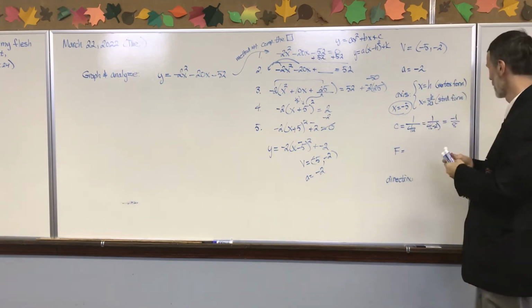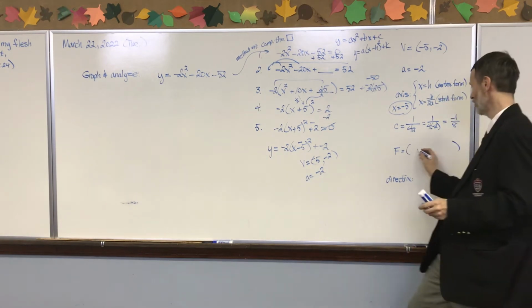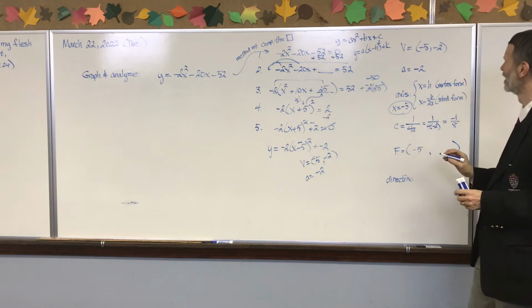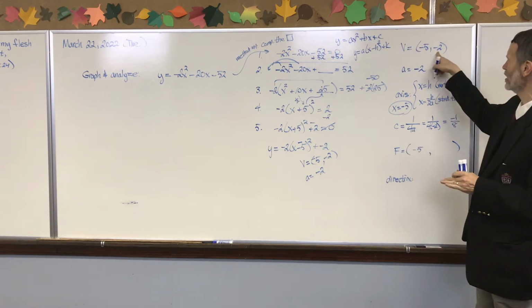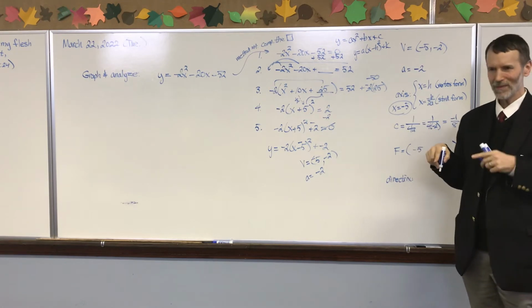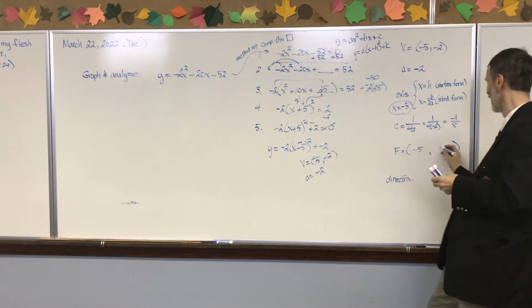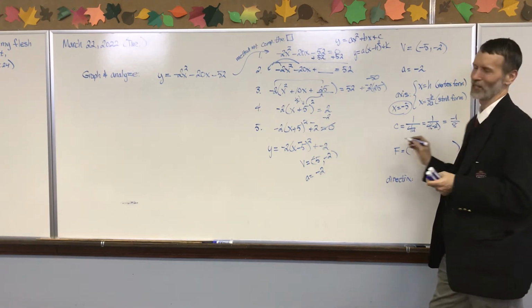Right there. What comma what? Definitely -5, comma what? Now start here and move down 1/8 of a space. Is that gonna make it more negative or less negative? More. So what would it be? You can use a mixed number if you absolutely must.